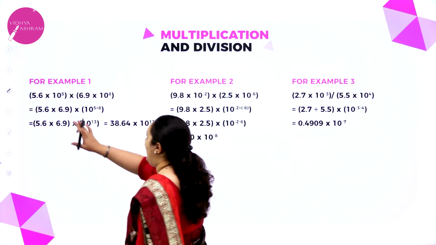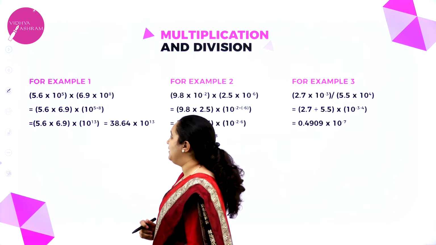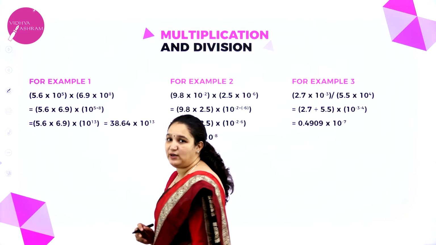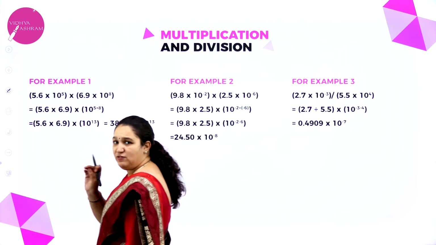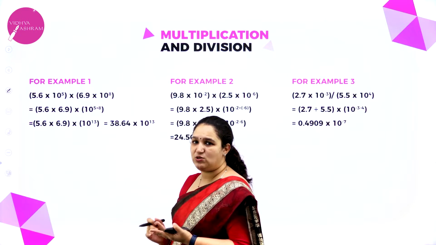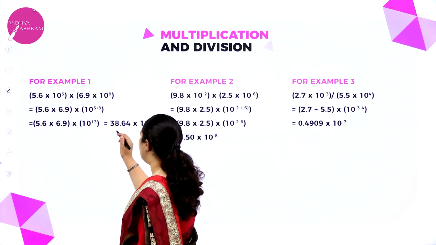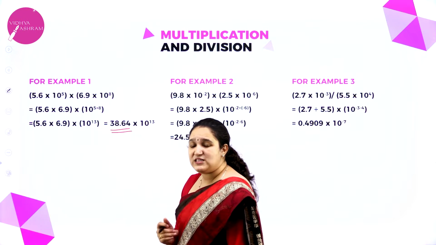Now here, for example, we have taken 5.6 × 10^5 times 6.9 × 10^8. So these two numbers I will take and write together, 5.6 times 6.9. With your calculator you can do 5.6 times 6.9, you will get the answer as 38.64. Now what do I do with the exponents?